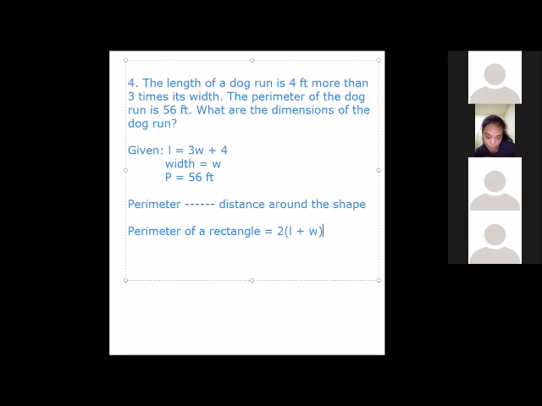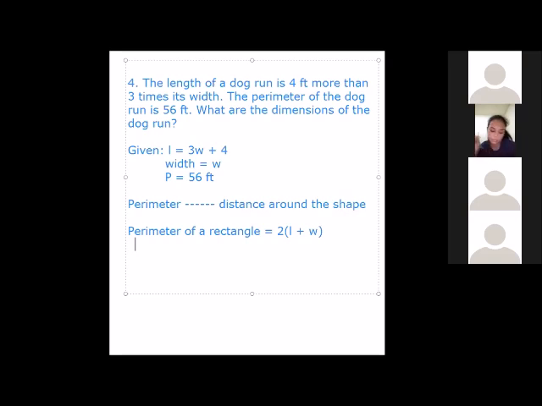Number 1, add all the sides. So that will be length plus length plus W plus W. But we have learned in maths that repeated addition is just multiplication. So instead of adding the 4 sides, we can just add 1 length and 1 width multiplied by 2. Okay, now we have perimeter of a rectangle is equal to 2 times length plus width.